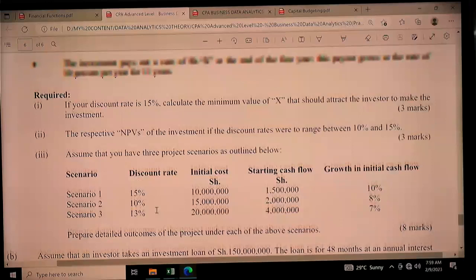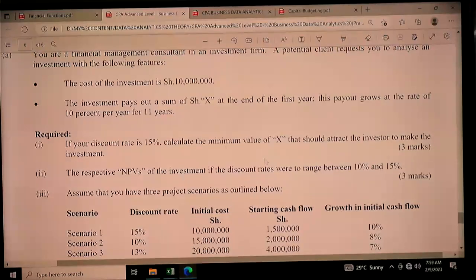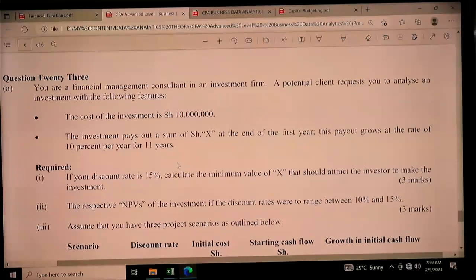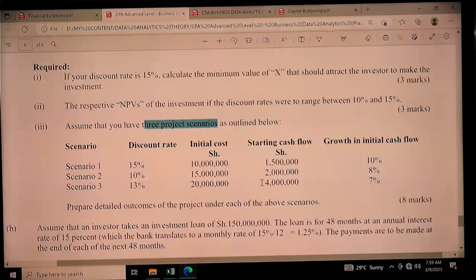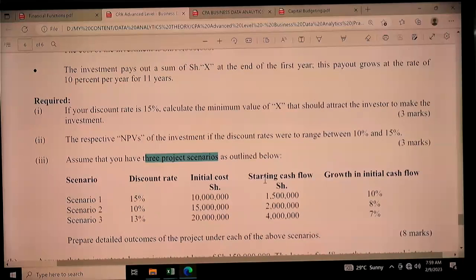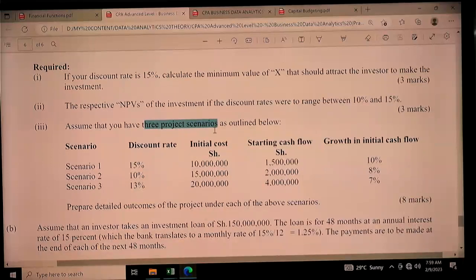In these scenarios, you are supposed to determine how the project or investment will perform in the 3 scenarios, probably which scenario will be best for an investor. So that outcome will help us to determine this after running the two scenarios.